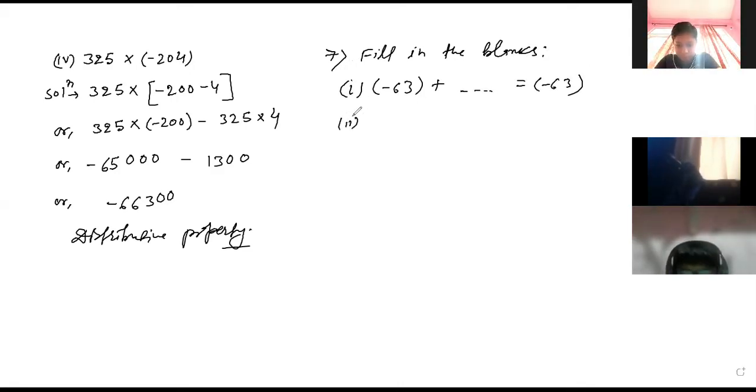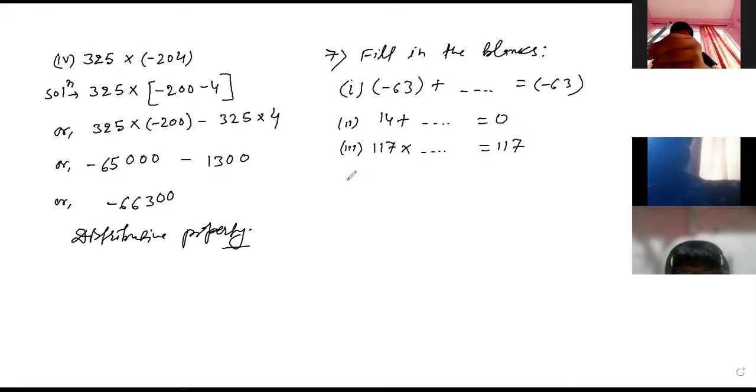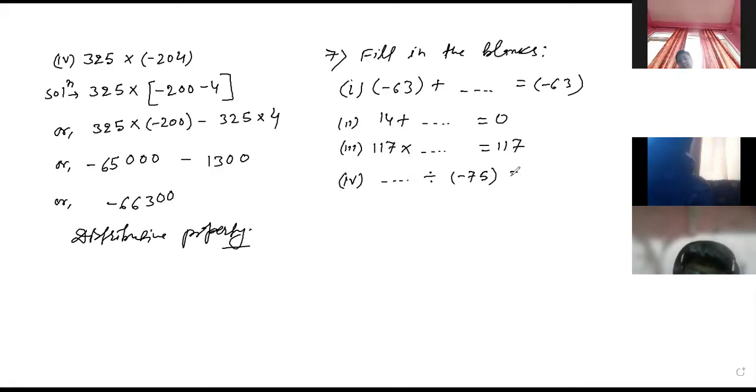Number 2: 14 plus dash is equal to 0. Number 3: 117 into dash is equal to 120. Number 4: dash divided by minus 25 is equal to 0. So everyone just be ready.